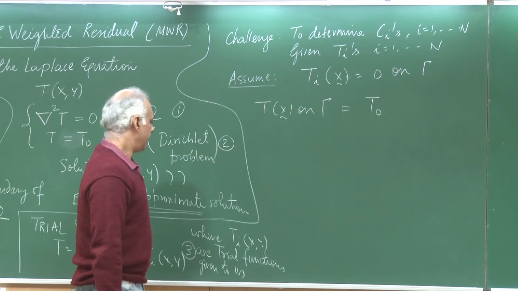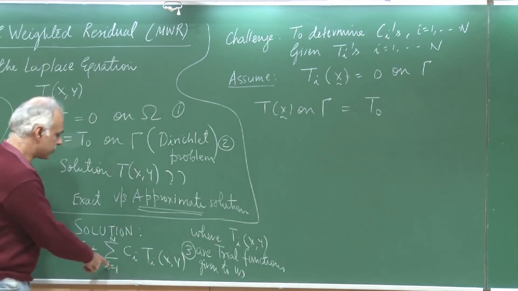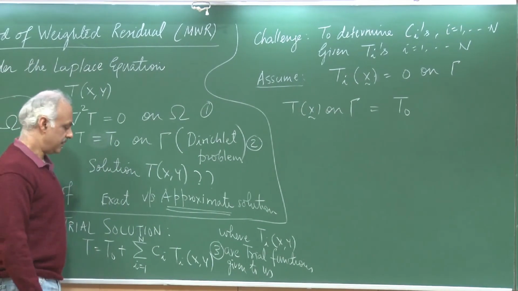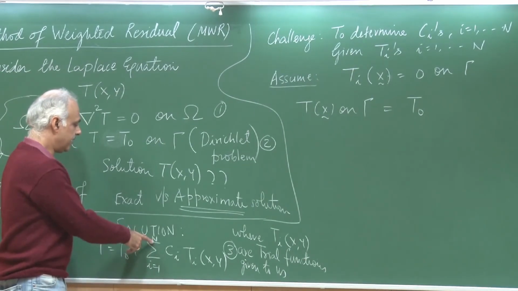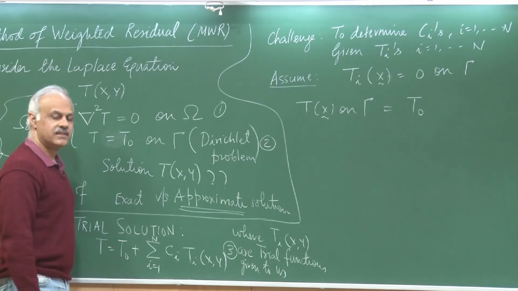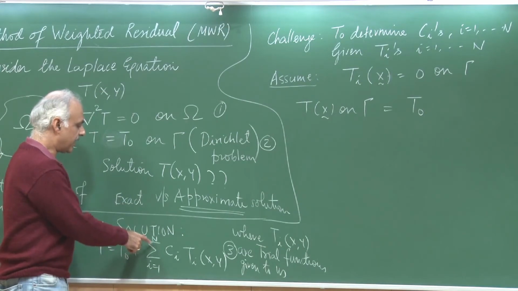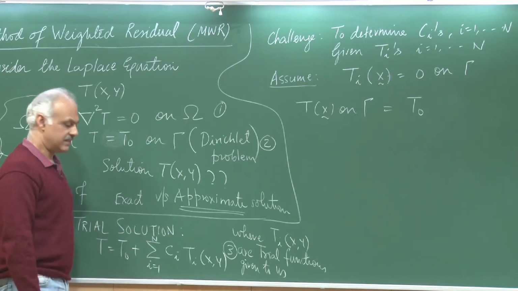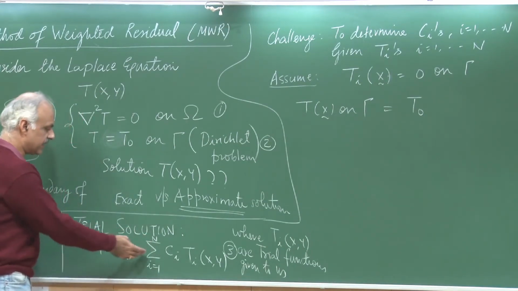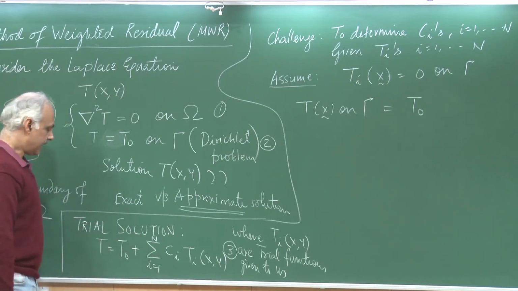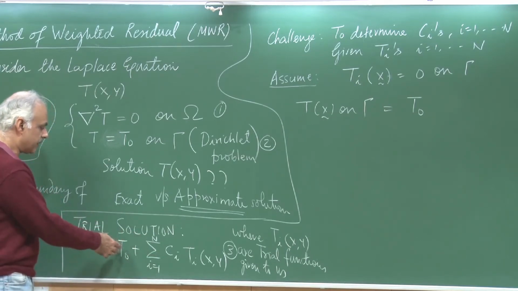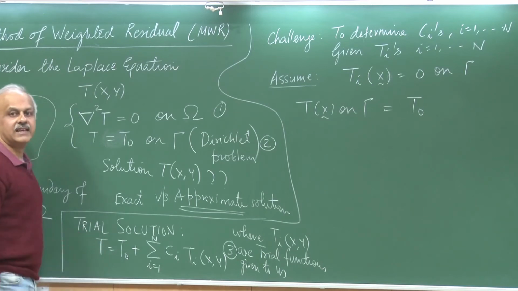Now, as you will notice, i goes from 1 to n. So clearly, if I want a very general solution, and then if I allow n going to infinity, then this solution has infinite number of terms, and the hope is that I can represent my solution exactly.